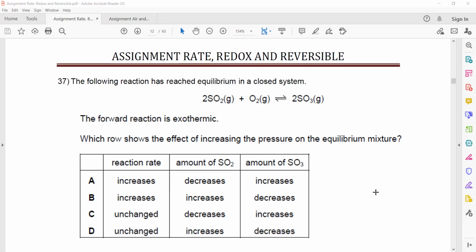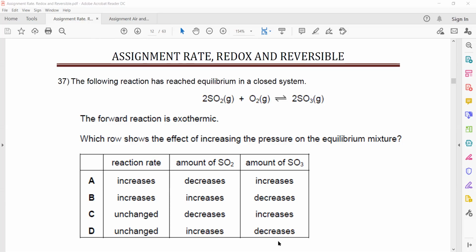If you remember the factors which affect the rate: concentration, surface area, temperature, pressure, catalyst. So which row shows the effect of increasing the pressure on the equilibrium mixture? The rate of the reaction, amount of sulfur dioxide, and amount of sulfur trioxide.